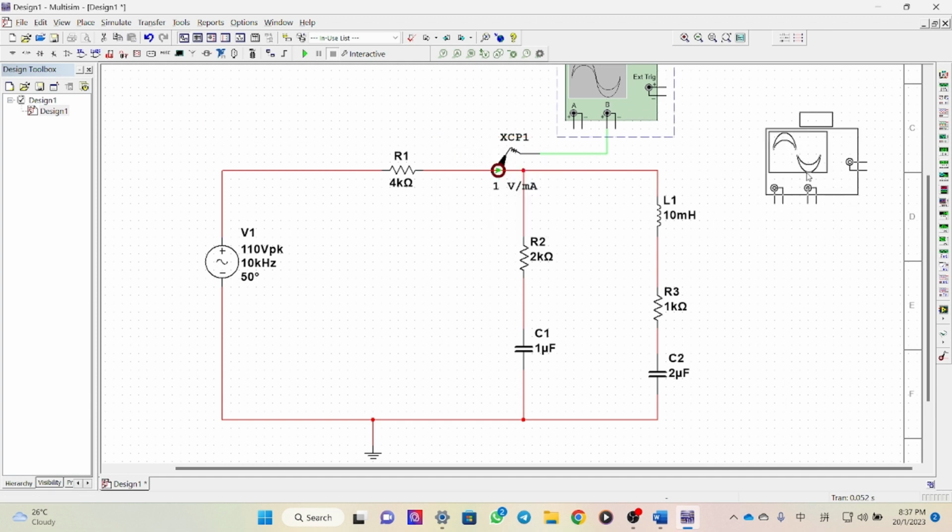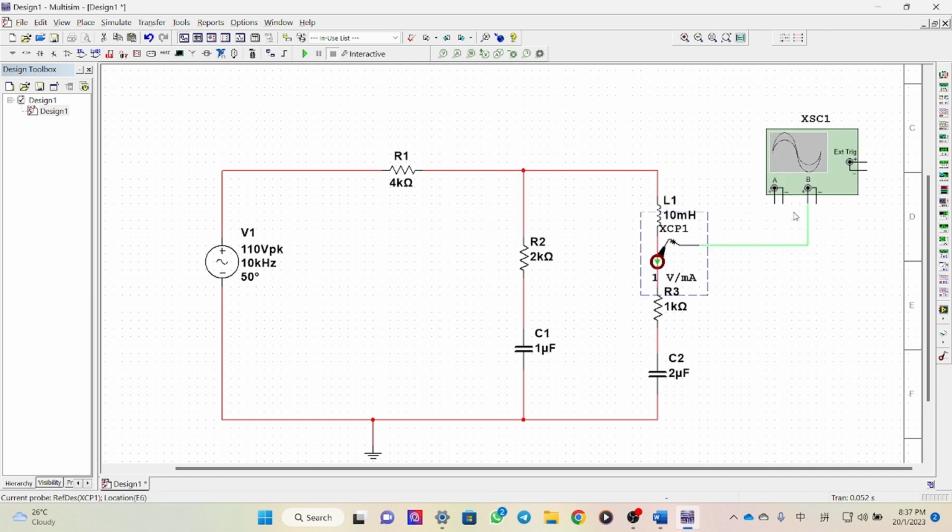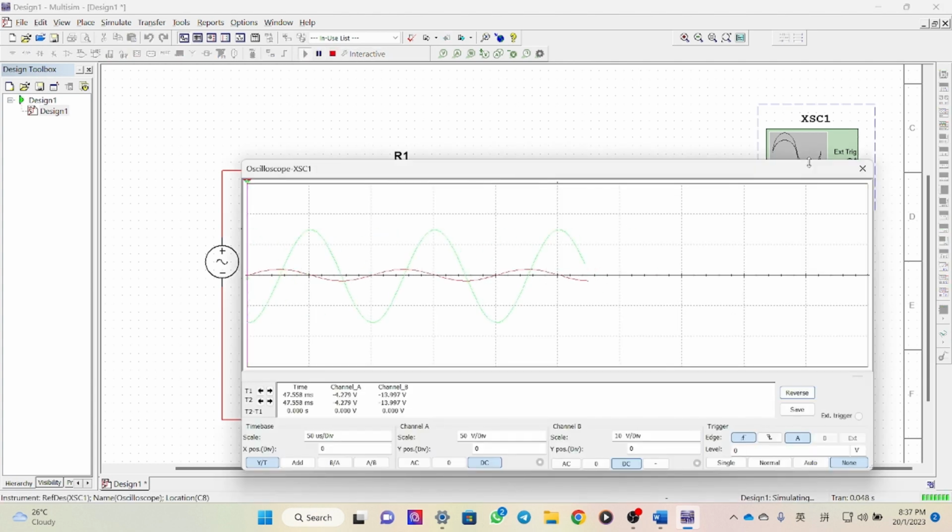Same step is used, and we try it for L1. So we found that the voltage leads the current by 90 degrees, because one complete cycle is equal to 1 period, which is 2 pi.